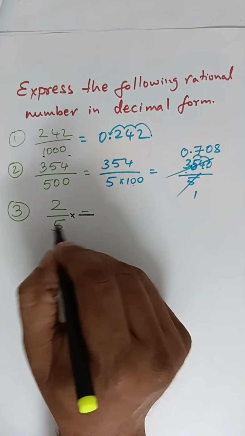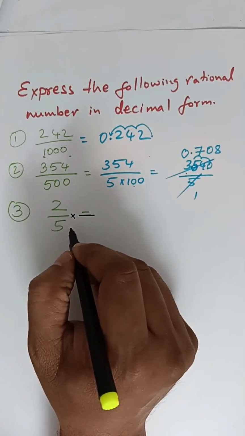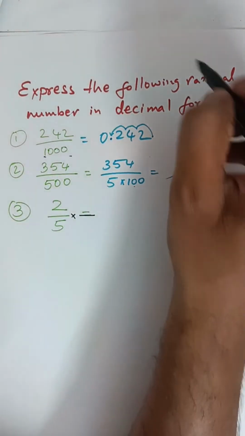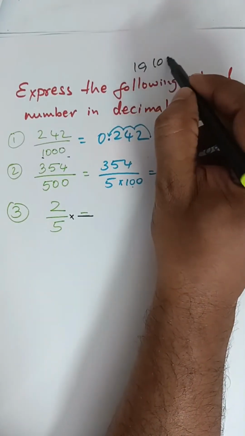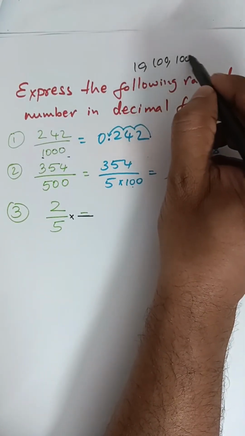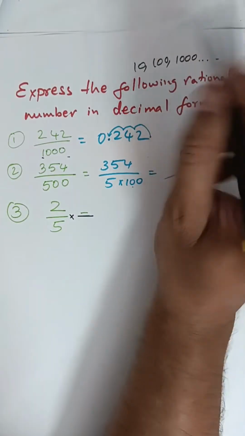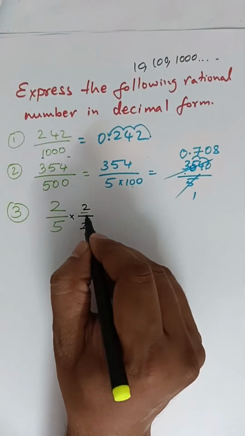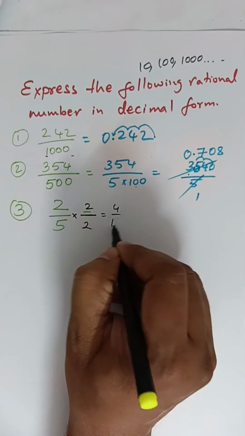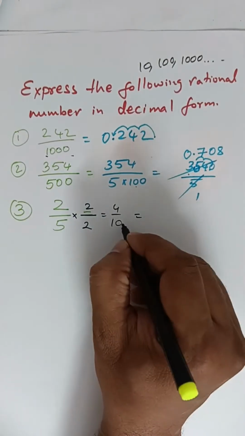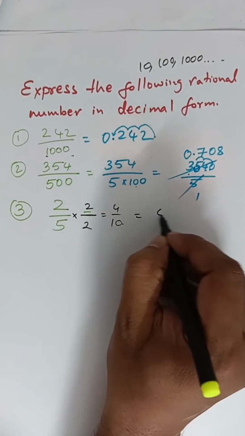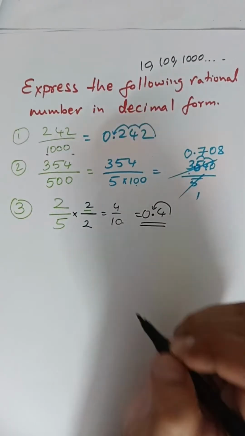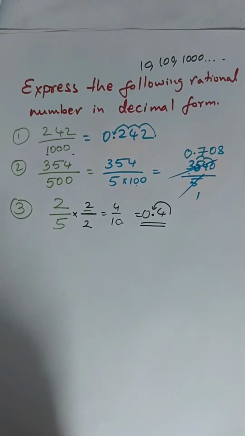Now what should I multiply so that it becomes 10 or 100 or 1000 and so on, the least one you can make? If I multiply by 2 and 2, it becomes 4 over 10. Now it's easy. How many zeros are there? 1. Count from here to here. 1, right. 0.4.